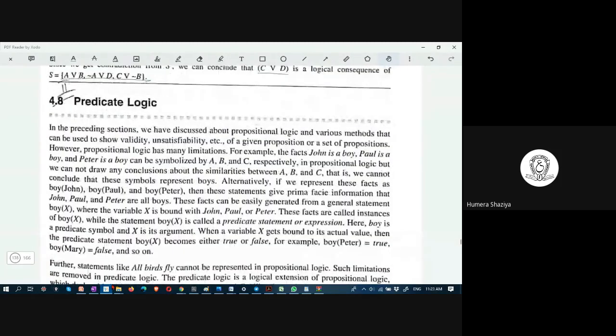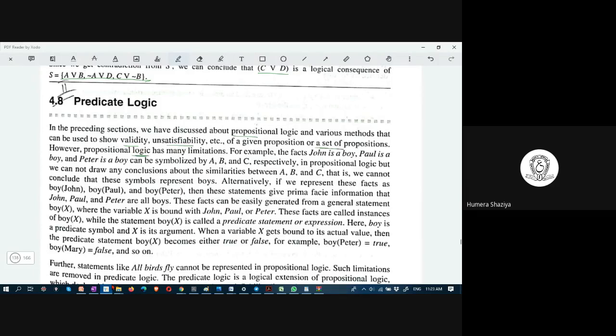Predicate logic is another logic concept. We see here propositional logic. This method had validity, unsatisfiability, and so on of a given proposition or set of propositions.